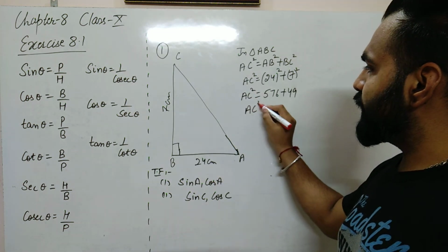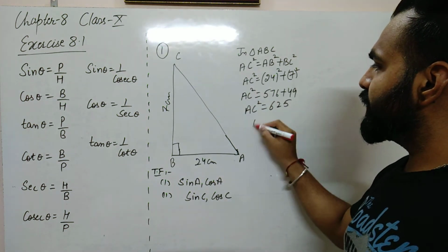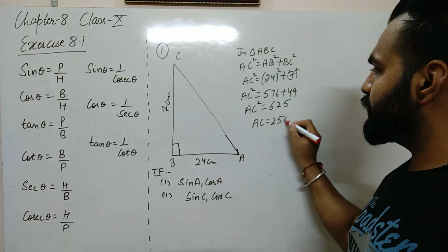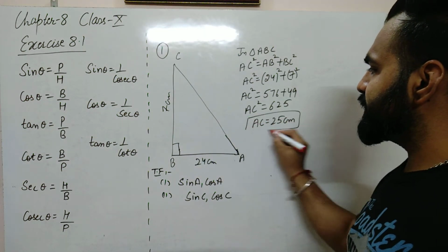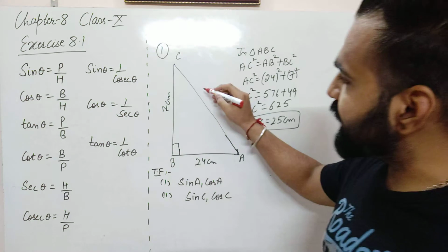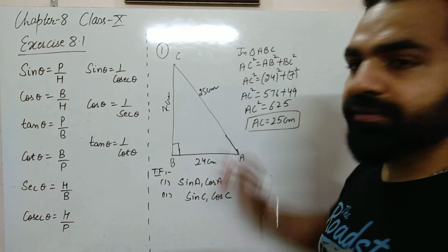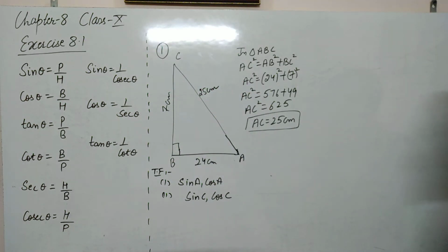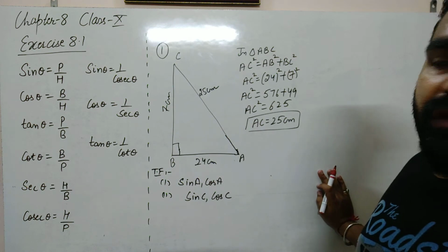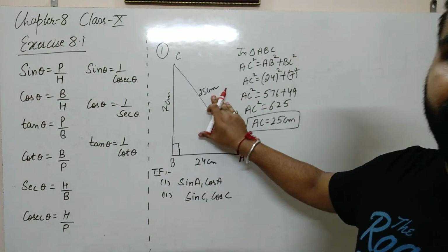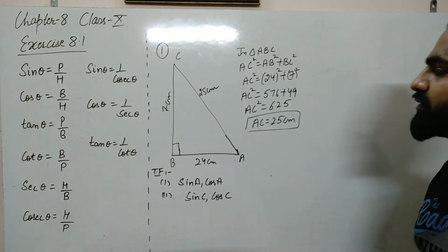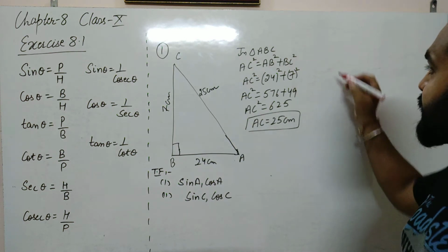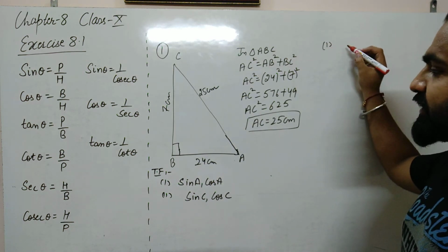So AC square is equal to 625 and AC will be equal to under root 625, that is 25. So this AC will be equal to 25 centimeter. Clear? Now all the 3 sides are known. If all the 3 sides are known, then we can find all the trigonometric ratios. So first trigonometric ratio which is asked here, this is sin A.